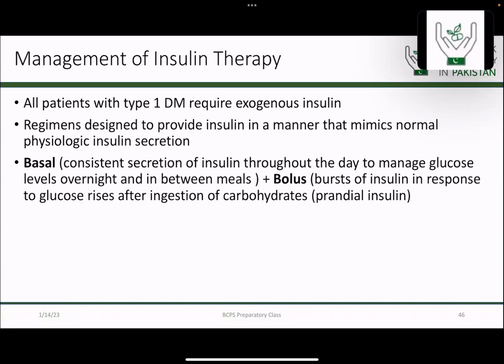One of the more preferable regimens is basal bolus insulin, in which basal insulin is given as a consistent secretion of insulin throughout the day to manage glucose levels overnight and in between meals. And bolus insulin is given to mimic the burst of insulin in response to the glucose rise after ingestion of carbohydrates.